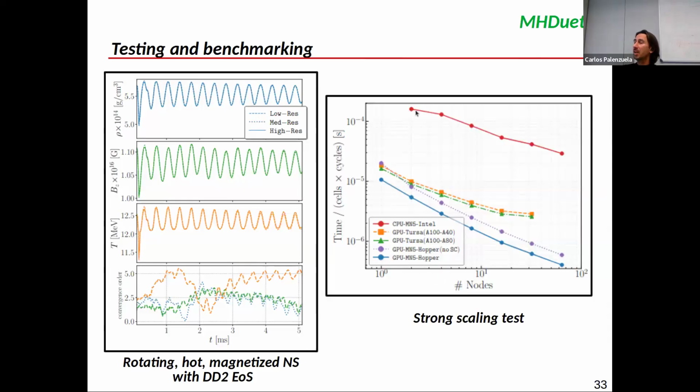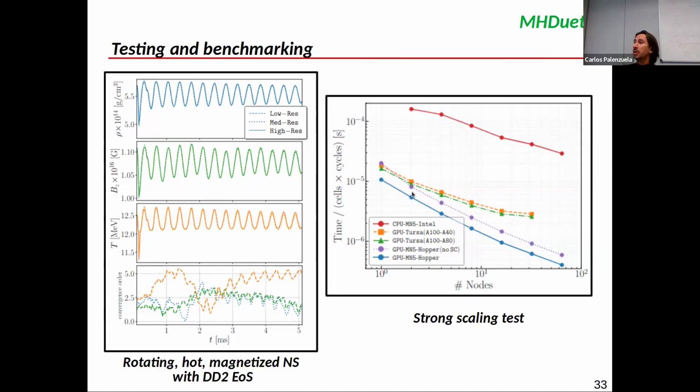Here at the top, you can see the result of this benchmarking with CPUs. All these curves at the bottom are done with GPUs. And you see that going from CPU to GPU, at least comparing node to node, gives you more than a factor 10 speedup.